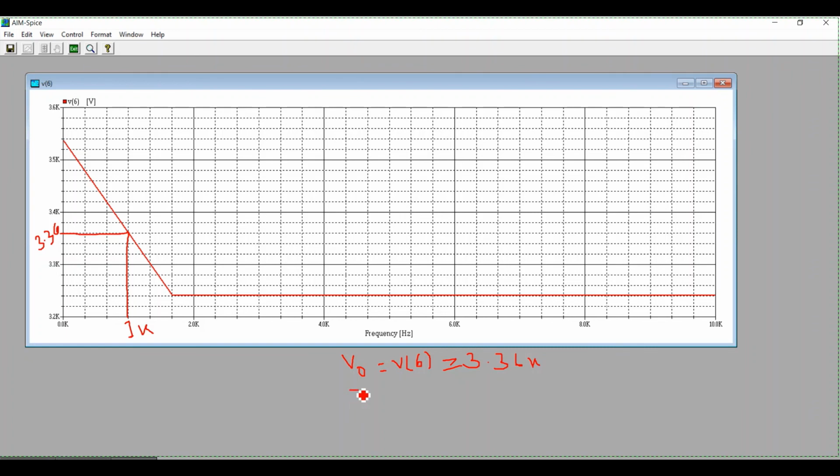Therefore Zo is equal to Vo by Io. Io we have taken it to be 1 ampere. So this comes out to be 3.36K.